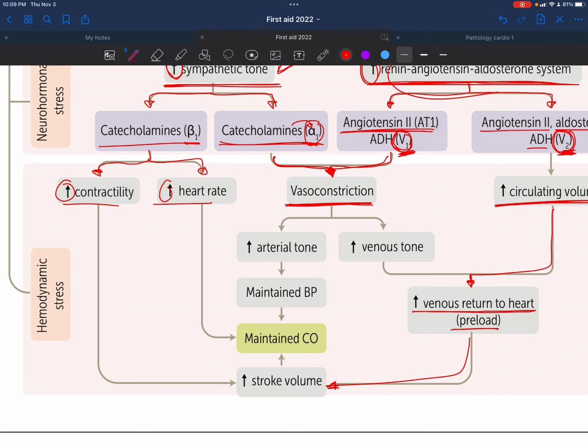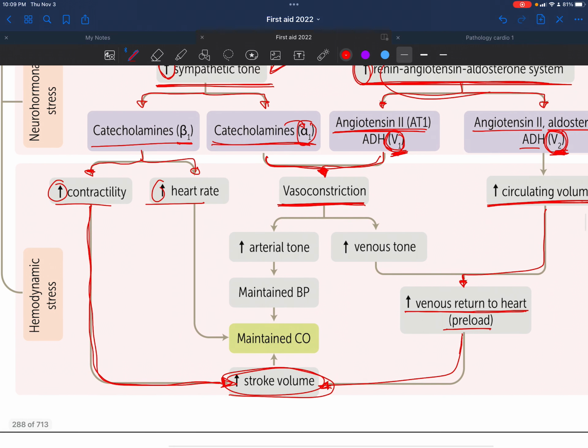So the stroke volume has increased through two parts: an increase in contractility due to the sympathetic activation, and we have just said that the increase in preload also increases stroke volume. So there are two effects on increased stroke volume.